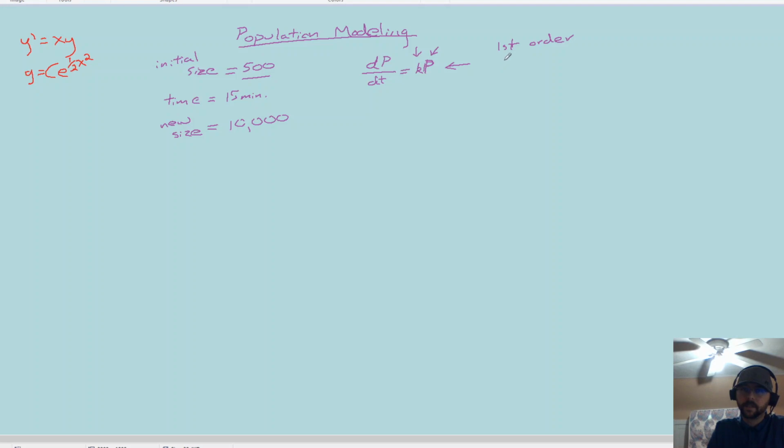It is linear because, well, I suppose the best way to explain would be if you were to write it out as dP over dt minus kP equals 0. When you write it in this standard form, whatever the dependent variable is, which is P in this case, it's never multiplied by itself or by anything else.